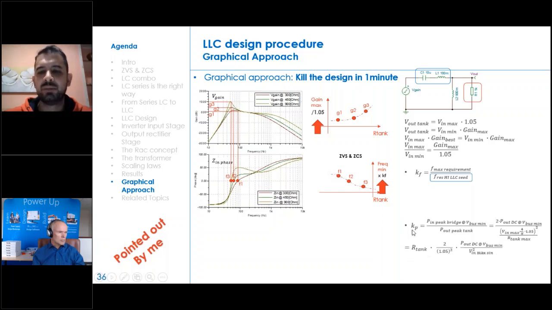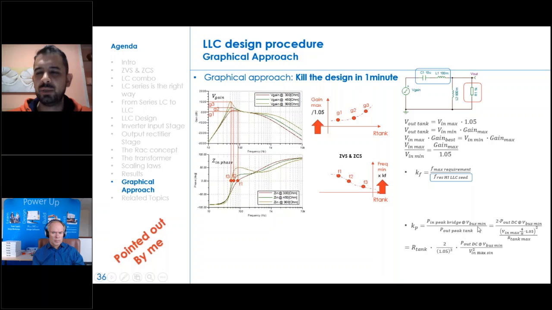What about the Kp factor? The Kp factor is given by the ratio between two peak power values: the peak power at the input of the bridge, over the one I get from my tank.